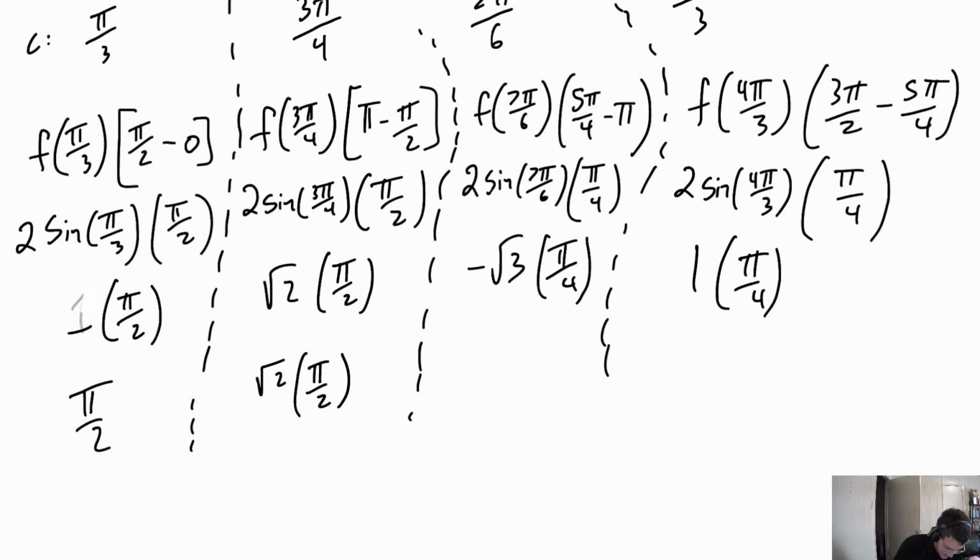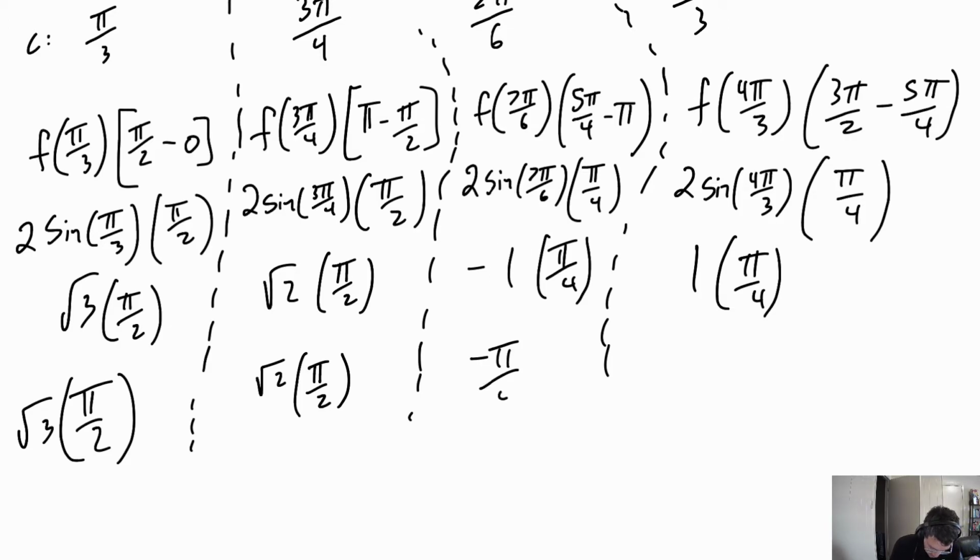What that means is that this should be square root of 3, this should be minus 1, and then this should be square root of 3 as well. That should be minus square root of 3. Okay, sorry about that. That's all been fixed.